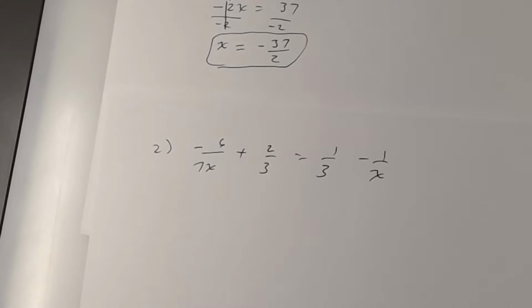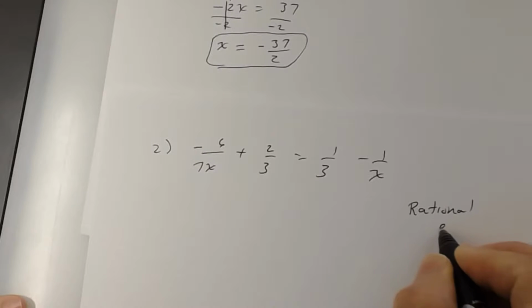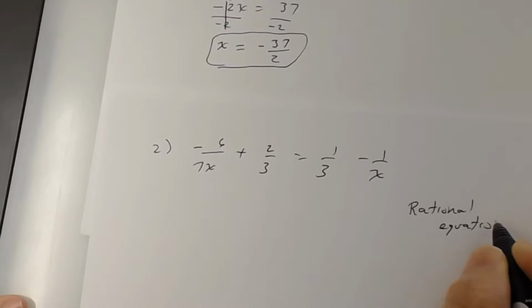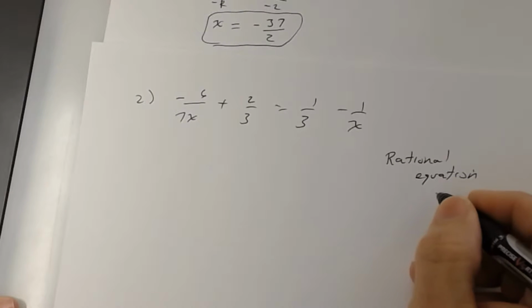But your variables cannot be located where? In the denominator. So if you do have variables in the denominator, it's not called a linear equation, it's just called a rational equation. So this is a rational equation. So a rational equation is the equation that contains rational expressions.